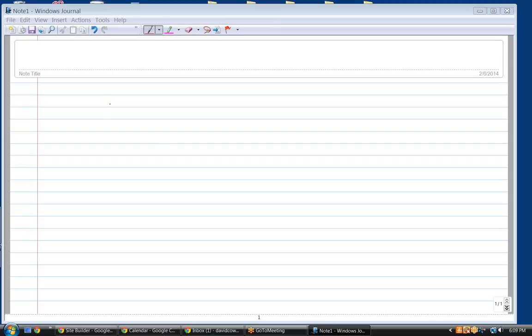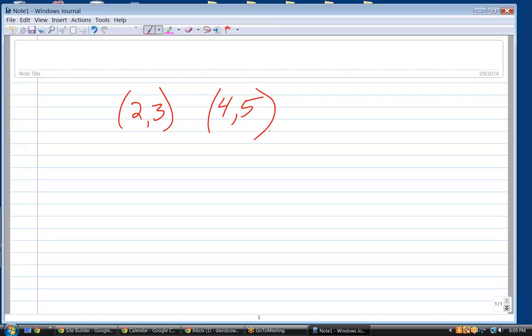I just need practice doing the California method and things like that, and then writing equations. Can you give me a specific problem? Well, the example she gave us was (2, 3) and (4, 5), and that was to write the equation of the line if these fall on the line.